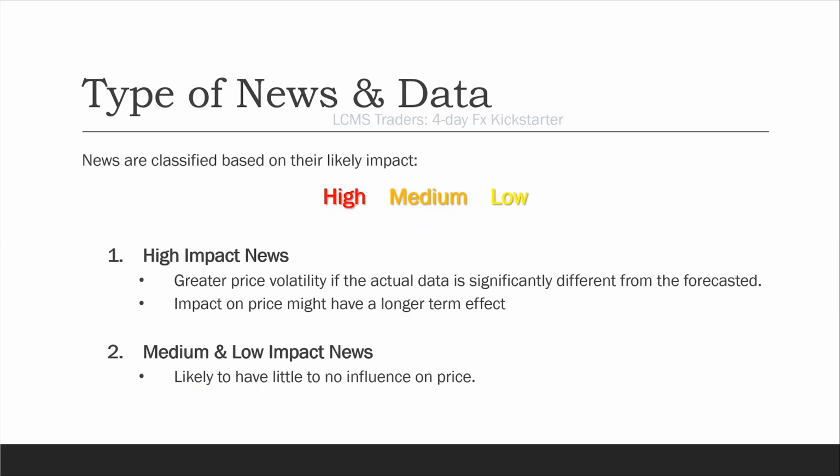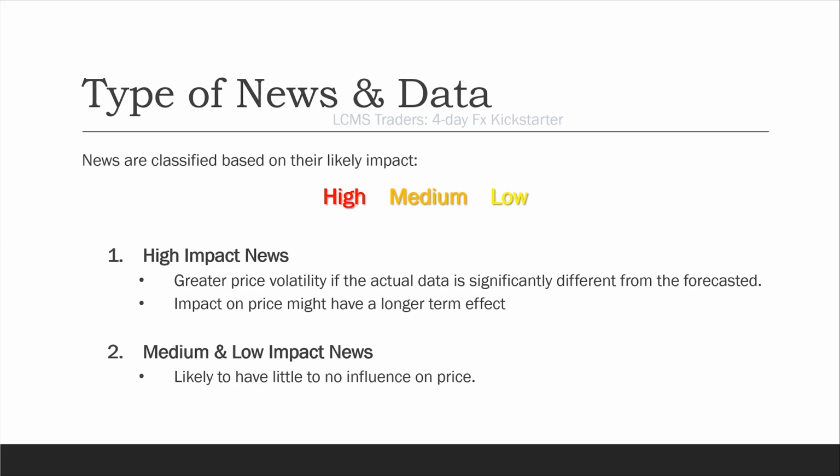There are several types of news and data. News are classified into 3 categories: high impact, medium impact, and low impact. 3 major categories: high, medium, and low. High impact news are going to cause great price volatility if the actual data is significantly different from the forecasted.